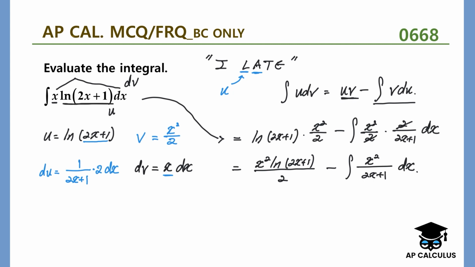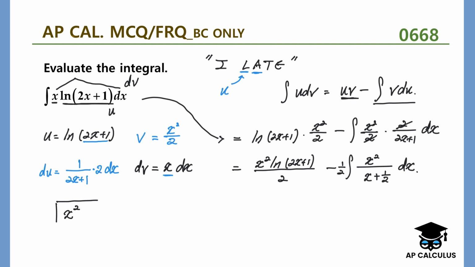So let's do that. So x squared divided by 2x plus 1, but I'm going to write 1/2 in front of integral.